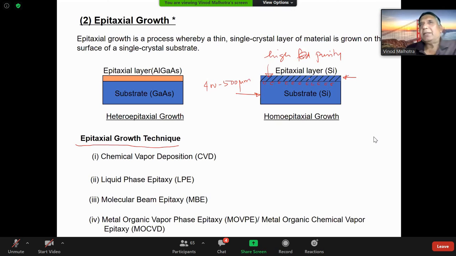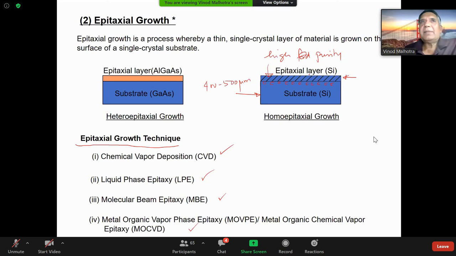Most electronic devices don't use the substrate, though that's not strictly true, but I'm saying it so that you understand that epitaxial layers are very important. There are various methods: chemical vapor deposition, liquid phase epitaxy, molecular beam epitaxy, and MOCVD or MOVPE. Not interested in this, but you have the jargon if you are interested.